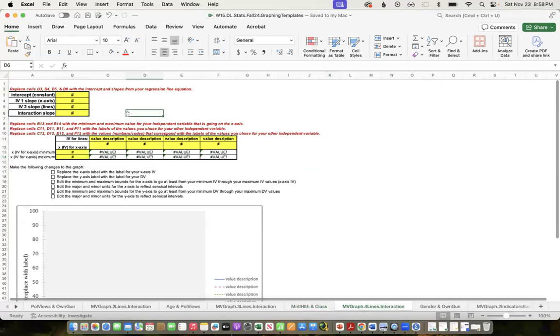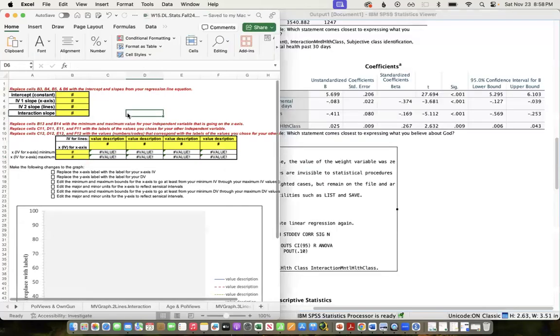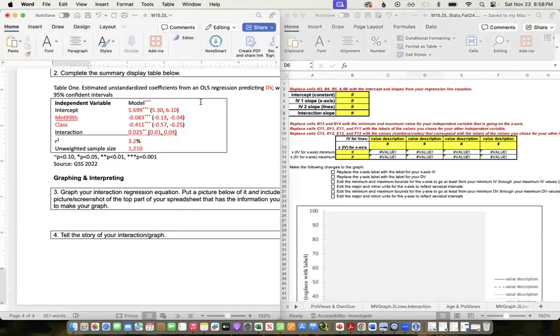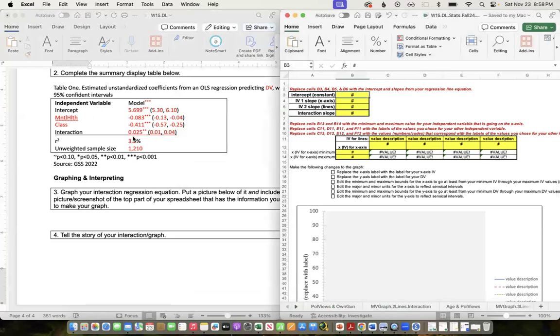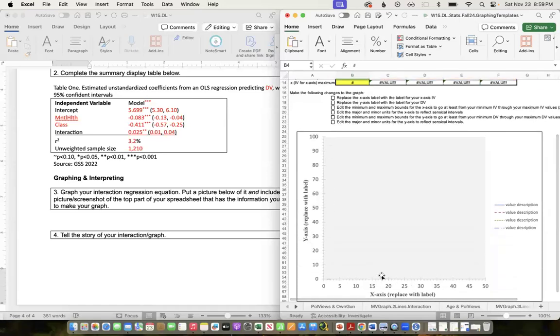And now that we've considered the interaction, let's see what happens. What I'm going to do here is put in these values. So 5.699. I have to be careful here. Whatever one I'm using on the x-axis is going to be this bottom one. If I only have one that's continuous or ratio level, I have to use that.